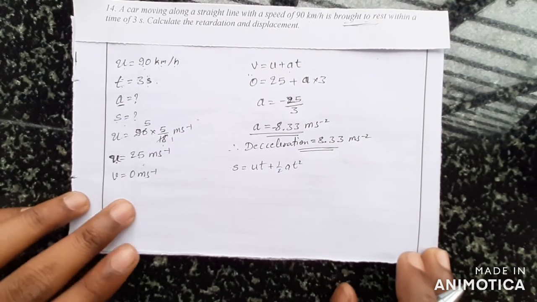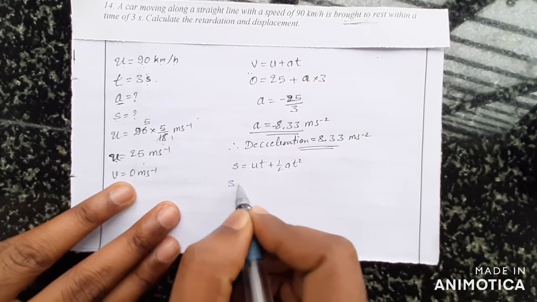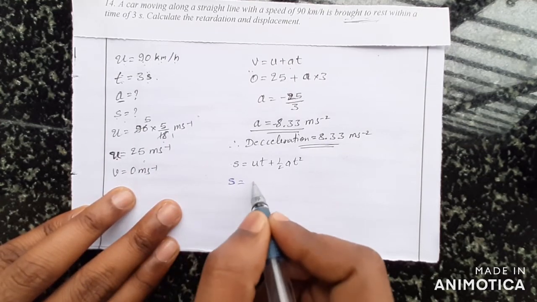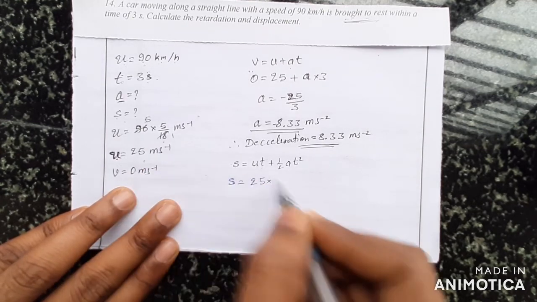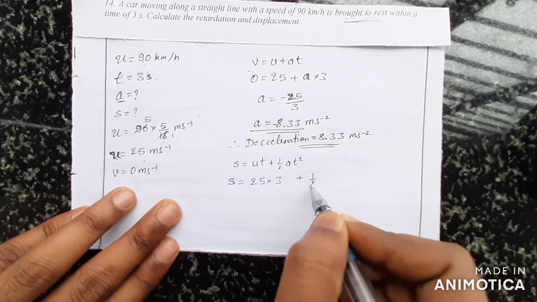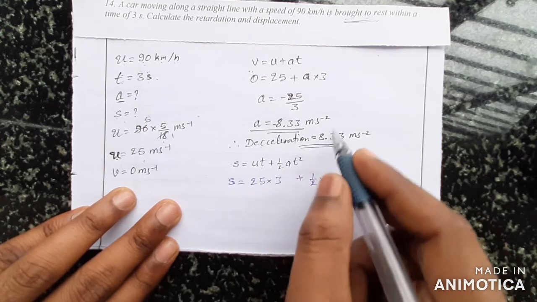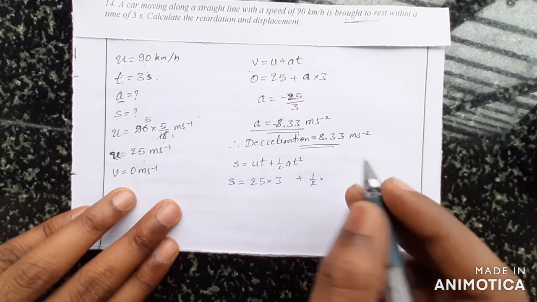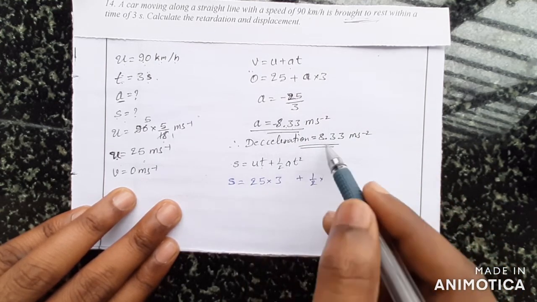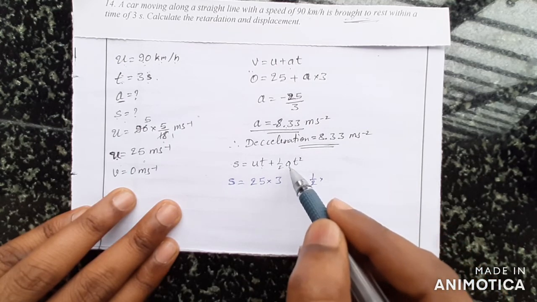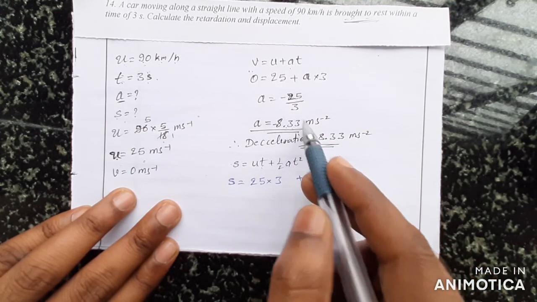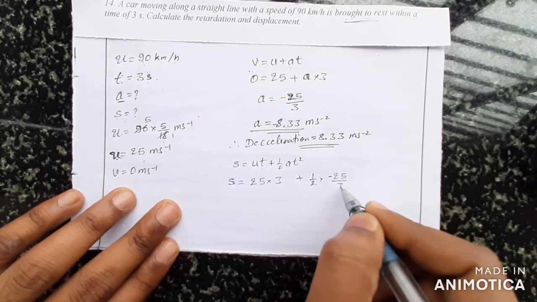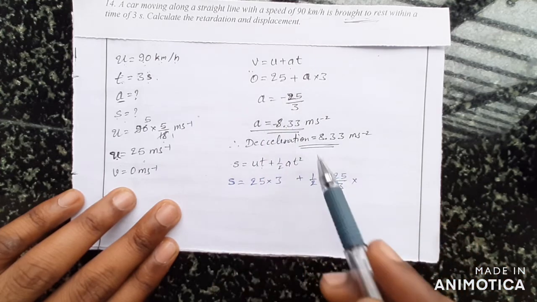So when we put the values here, s becomes equal to, what is u? u is 25 into t, t is 3, plus half a. What is a? a is minus 8.33, keep it in mind. Deceleration is 8.33, but what we need to put here is a, acceleration, which is minus 8.33 or minus 25 by 3. I'll keep it minus 25 by 3 into t squared.